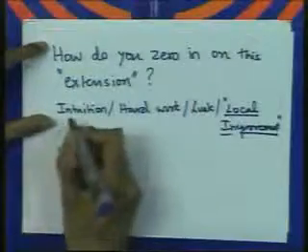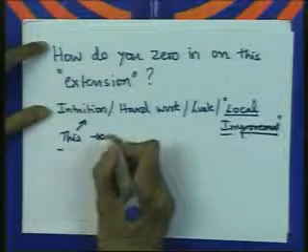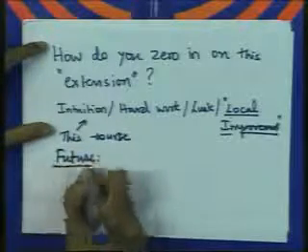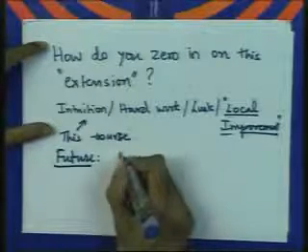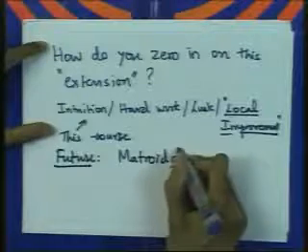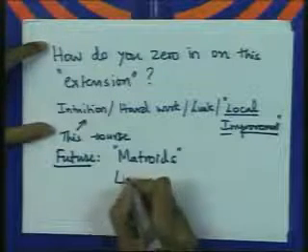There are two subjects, and I will strongly encourage you to read about them in future. One is matroid theory, the theory of matroids, and the second one is linear programming.